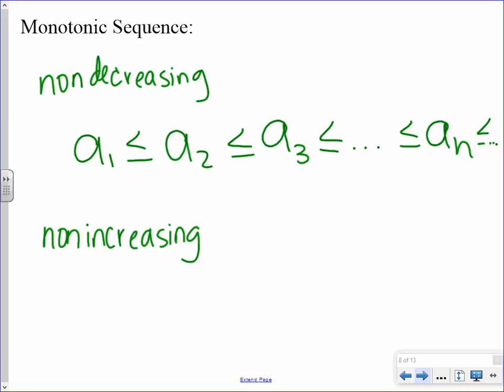Basically, it's either flat or increasing. From term to term, they're either the same or they are increasing. This would be non-decreasing, and this would be non-increasing. One or the other, or both.